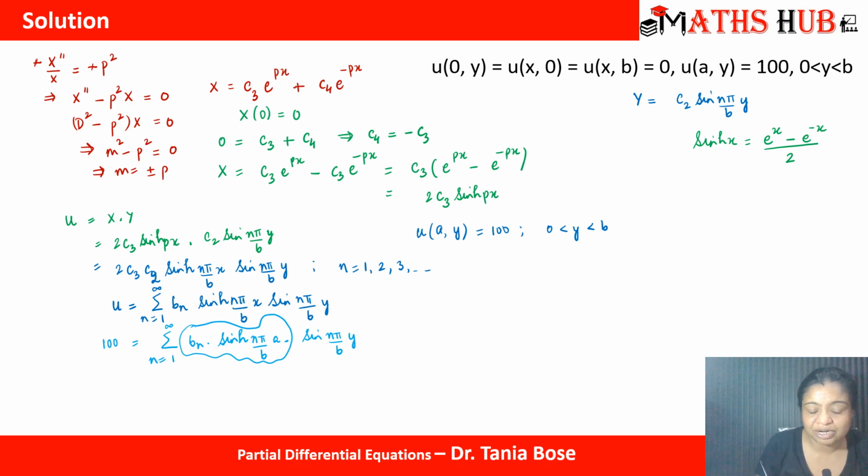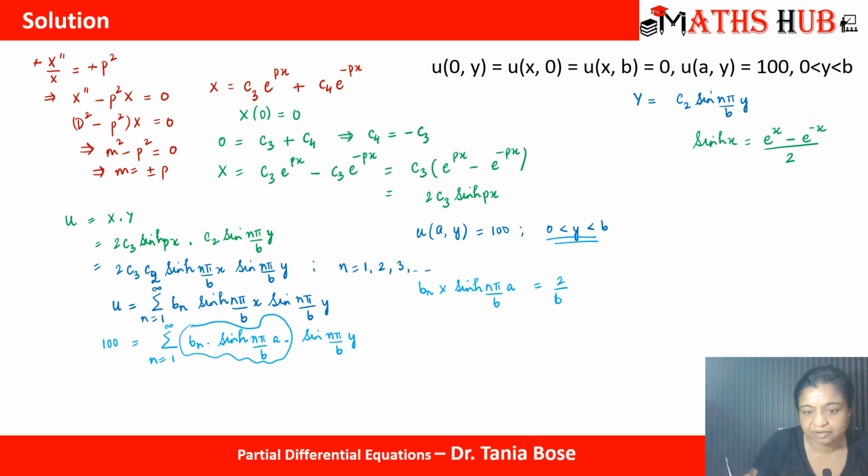So according to Fourier sine series, how can you write your expression? You can say that the coefficient Bn into sine hyperbolic n pi by b a is equal to, so it's a sine series, so we can say 2 by L. L is b, the length of the interval.